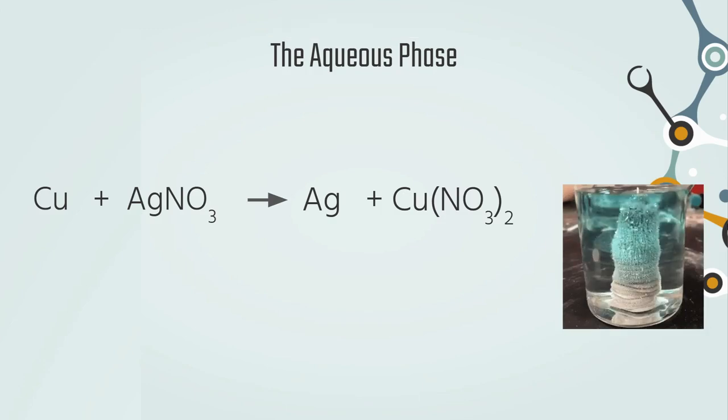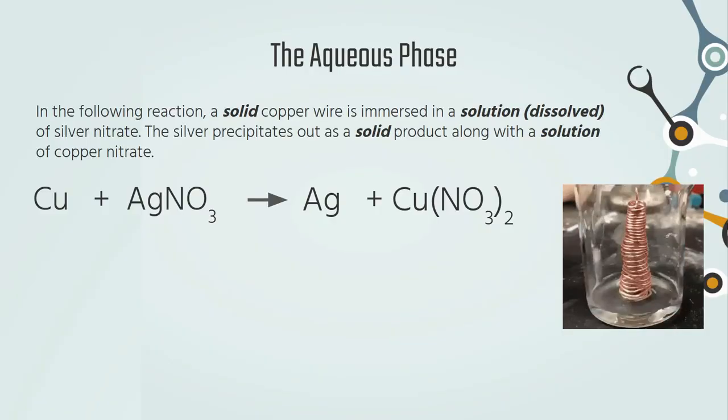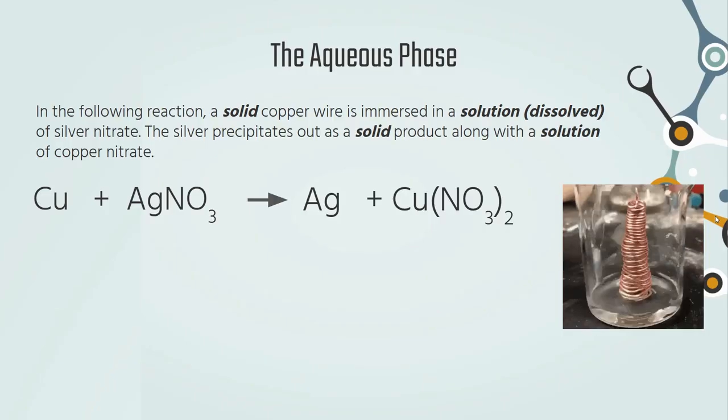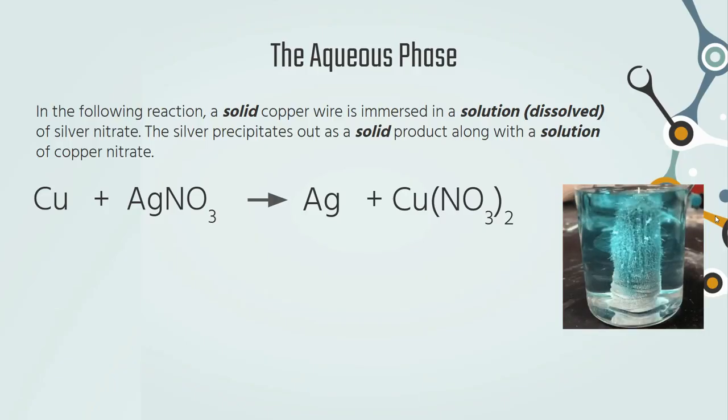On this slide, we have a slightly different example, but it's going to illustrate that same concept. In this case, we have a solid copper wire. You'll see the GIF will reset in just a second. We have a solid copper wire that we immerse in a solution, so it's dissolved, of silver nitrate, that clear solution towards the beginning of the GIF right here. That's our reactants.